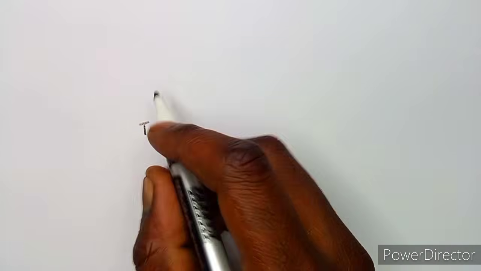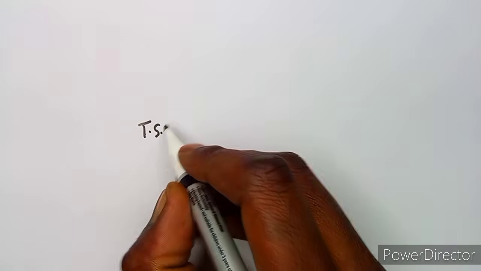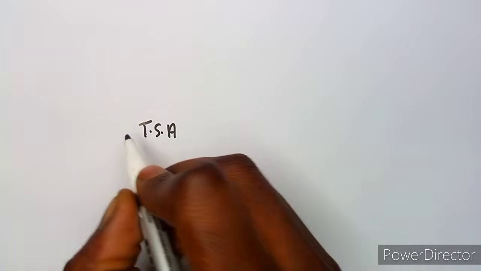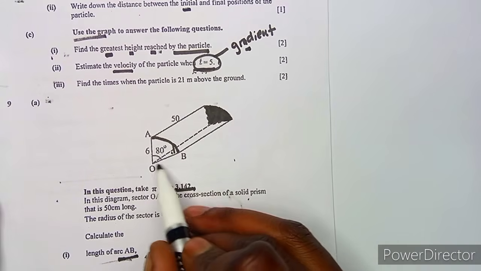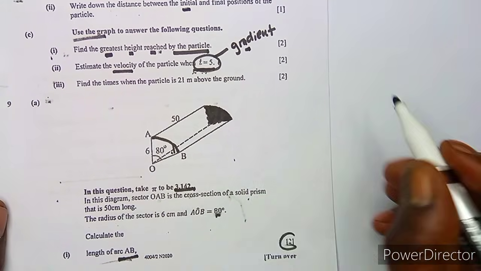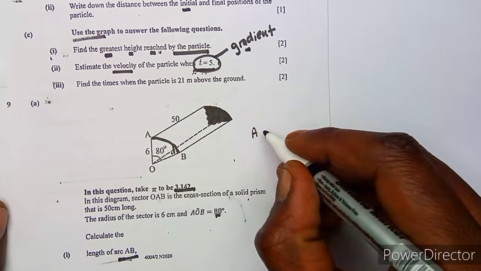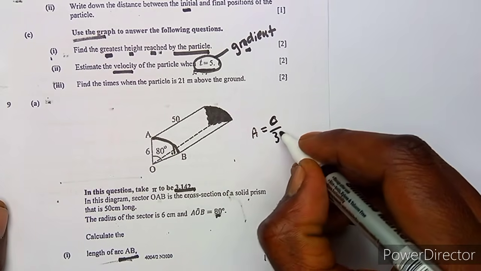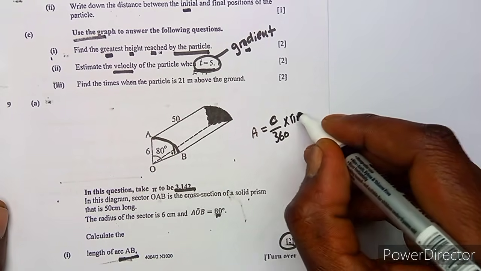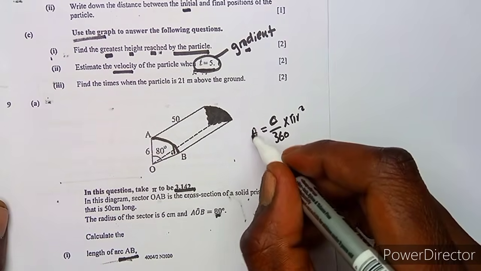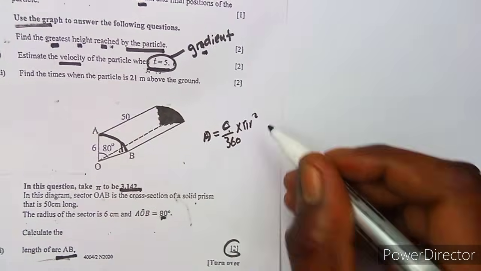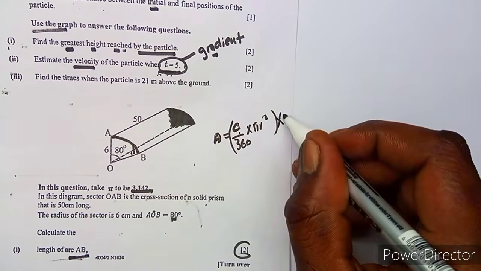So our total surface area, guys, this is item 2. We said area of a sector times 2, and the area of a sector is theta over 360 times pi r squared. That is the area of a sector. So in this case, times 2 now, because there are 2 of them.